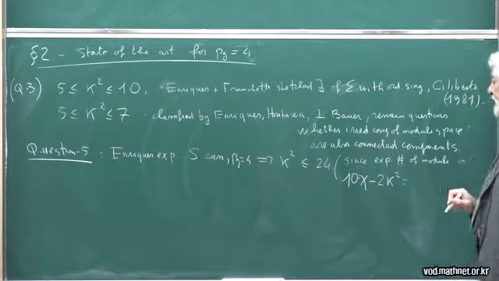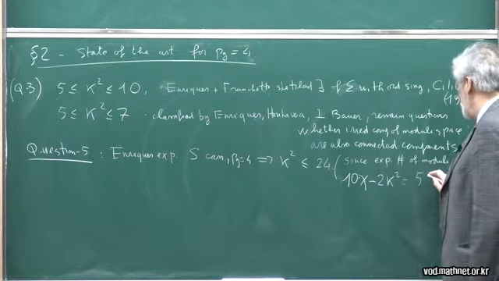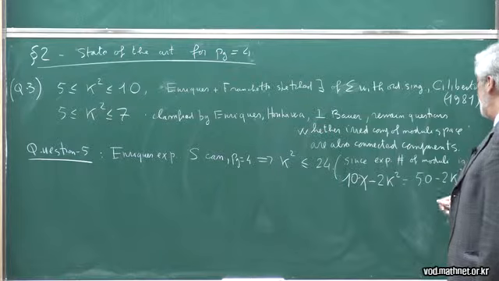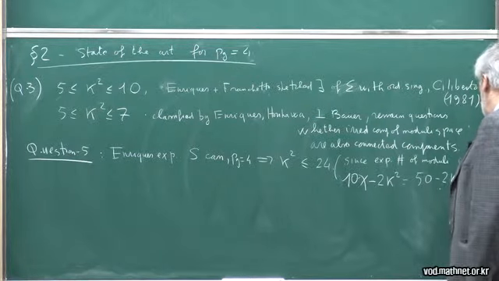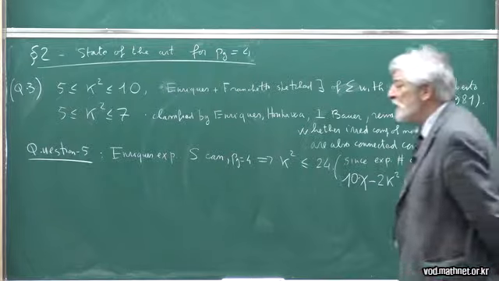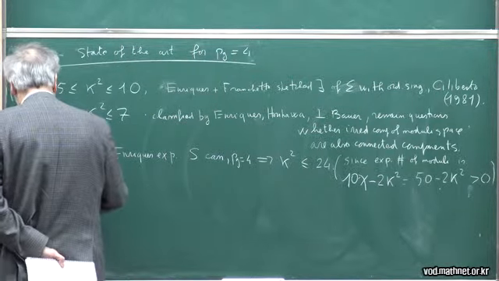So in this case, PG 4 and q equals 0, so this is 50 minus 2 K squared, and he was expecting this to be strictly positive. So K squared should be strictly smaller than 25. Now, this question is completely answered, and the answer is no.